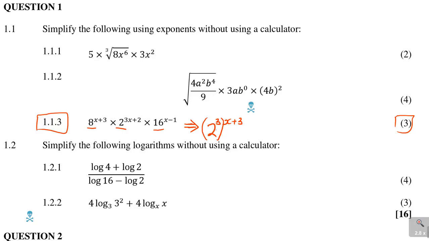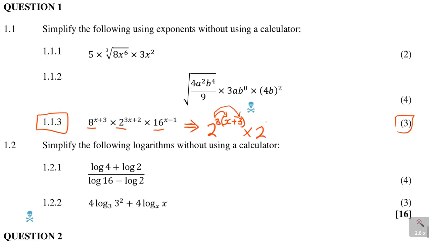So I've got 2 to the power 3 in bracket, or you can actually do it like this, to say 2 to the power of 3 and protect it the other way around. This is actually much better. You know why? So that this 3 can now affect the x and the 3 can affect the other 3. So instead of it looking 2 to the power 3x plus 3, it is now 2 to the power 3x plus 9. I hope you're getting that.